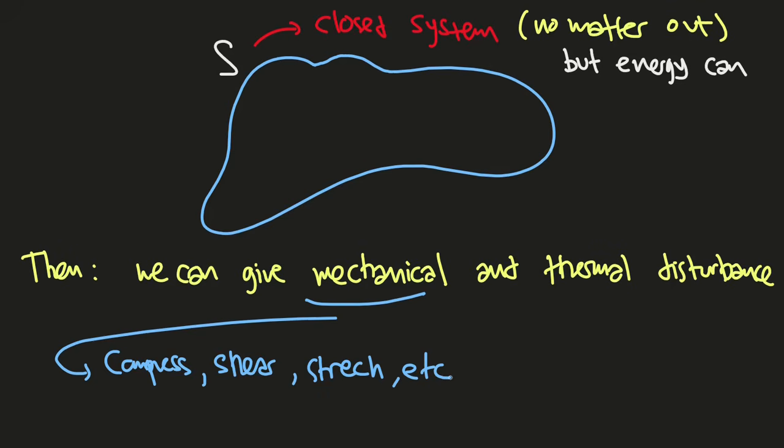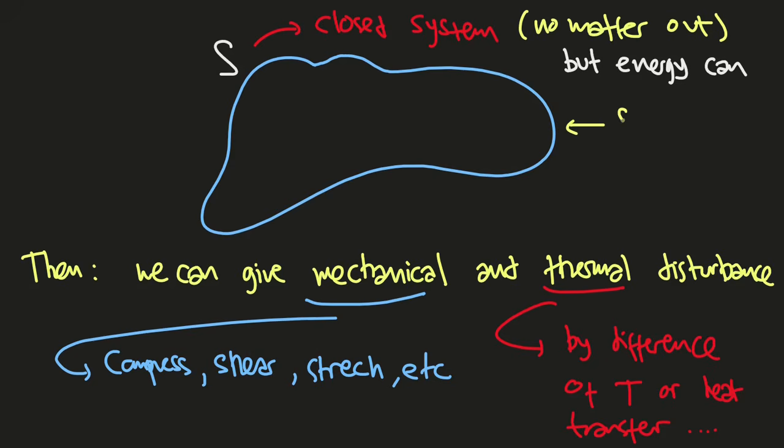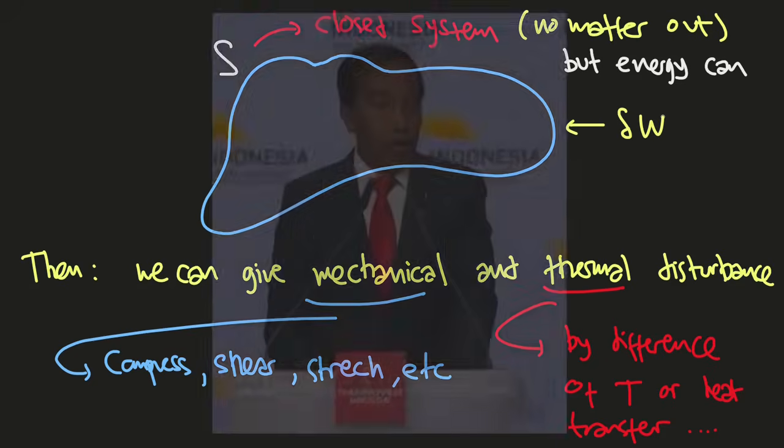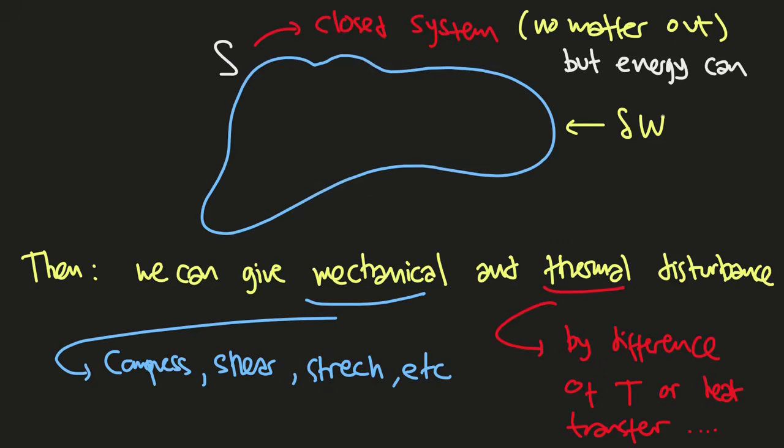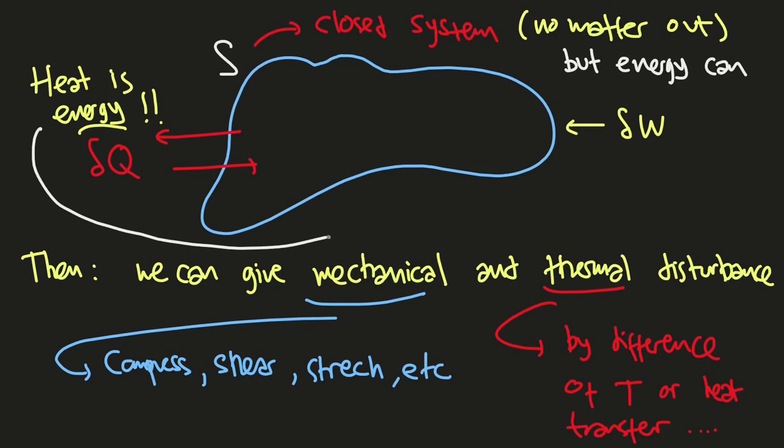And by thermal disturbance, by a difference of temperature, or what we know as heat transfer. For mechanical we define delta W, and for heat transfer we define delta Q, which can flow in and out. By this expression, we can infer that heat is energy, so Q doesn't necessarily equal temperature.